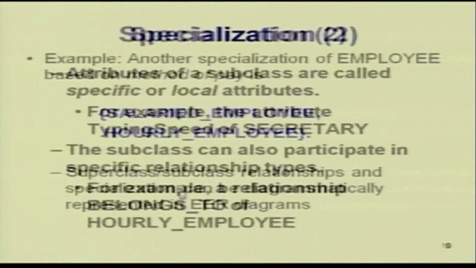So, specialization and generalization is in a way similar to subclass and superclass, but we are going to bring in additional constraints of whether it is total, partial, whether it is overlapping, distinct. I told you when we drew the ER diagram in the last lecture that we will be talking about this in more detail. Another specialization of employee could be the method of pay, which we have already seen.